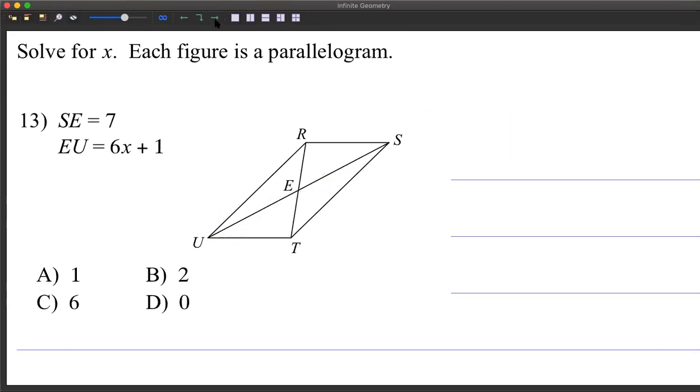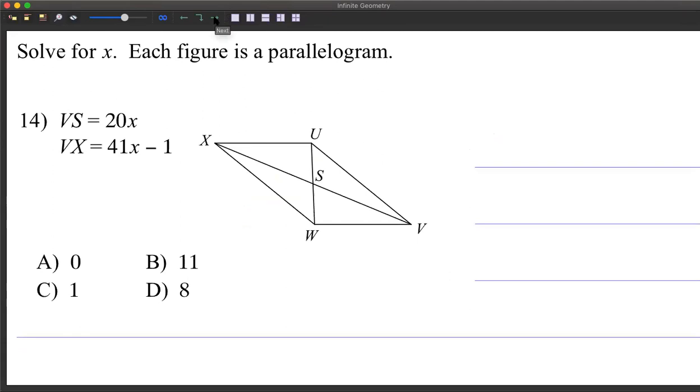Now, be mindful, though, because sometimes they're going to give you a piece and then the whole diagonal. These are the ones where you've got to slow down and be careful. So VS is going to be 20x. That's fine. But then VX, the whole thing, is 41x minus 1.